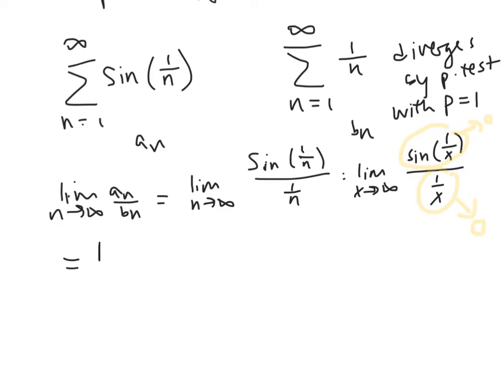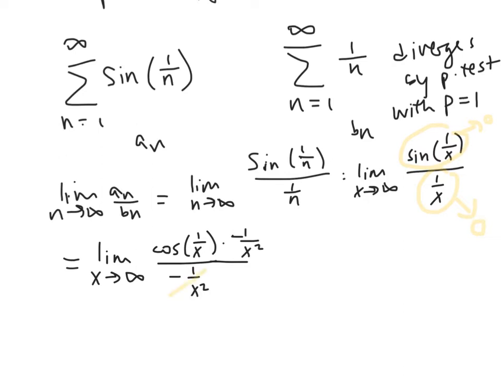So for L'Hopital's rule, we need to take the derivative of the numerator and the denominator, and what we get is the cosine of 1 over x times negative 1 over x squared from the chain rule, and the denominator we just get negative 1 over x squared.